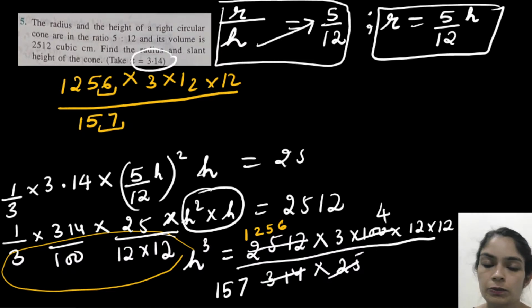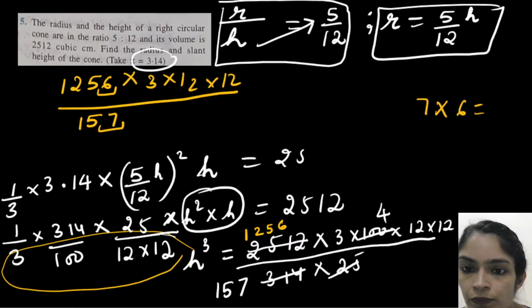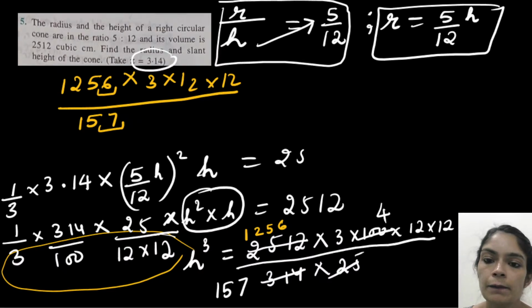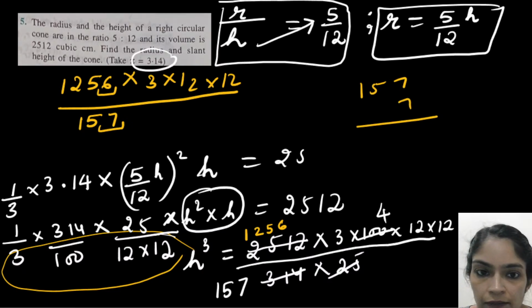I know when I multiply 7 into 8, I will get 56, which has the same unit place digit as this number. So let's try 157 into 7. We'll just multiply.